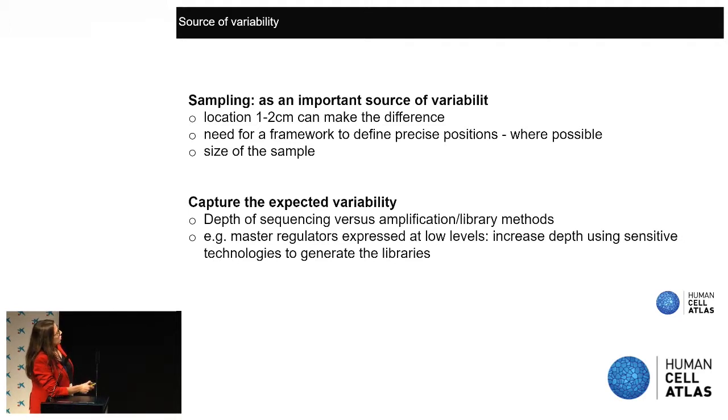Someone has suggested, can we have a framework and define precise regions to be sampled? In theory, that would be really good, but in practice, it's hard. We use some bank samples, and for those, it's really hard to trace back where they were exactly sampled. For the existing ones, sometimes we can do it. At other times, if you are in a theater, time is ticking, you can't be too precise.